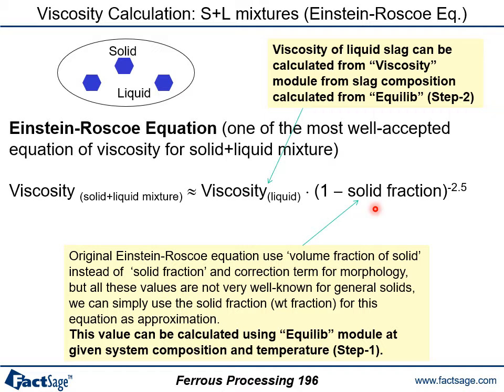So if you assume that the density of the solid and liquid slag components is more or less the same, you can convert this volume fraction to mass fraction, which can be easily calculated in FactSage. So the viscosity for the solid-liquid mixture is the same as the viscosity for the liquid at the given temperature and condition, times (1 minus solid mass fraction) to the power of minus 2.5. This is the equation we can use in the solid-liquid mixture condition.